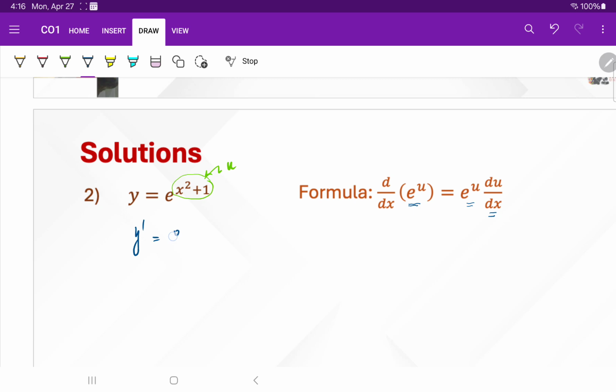It's e to the x squared plus 1 times the derivative of x squared plus 1, which is 2x. This can actually be your answer already, but we could write it also this way. y prime is 2x times e to the x squared plus 1.